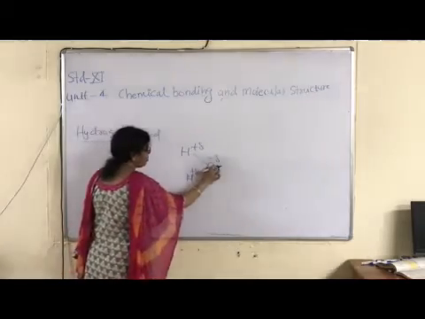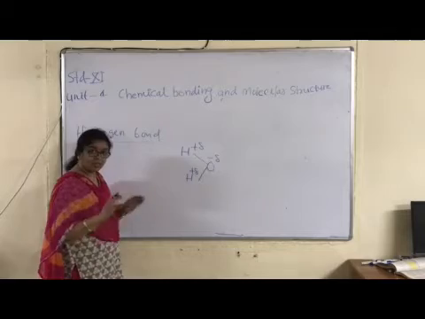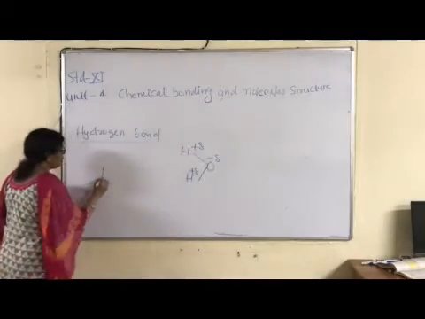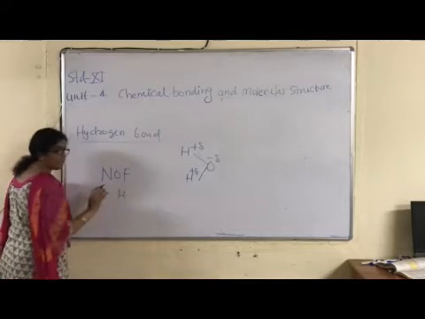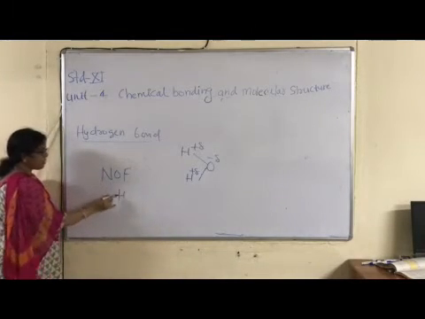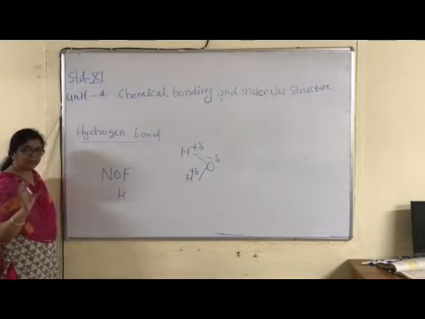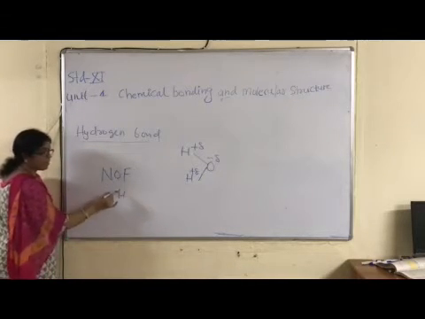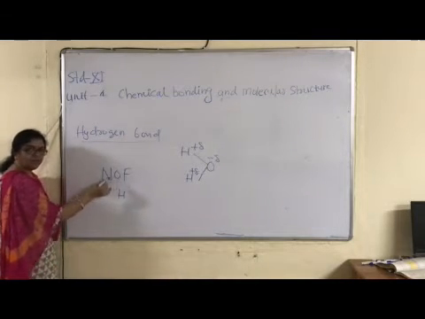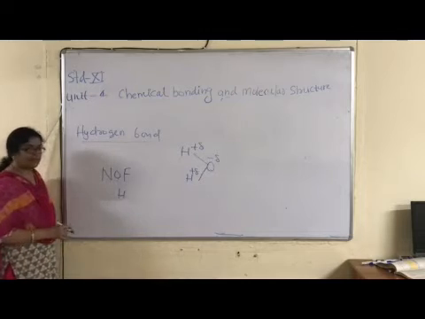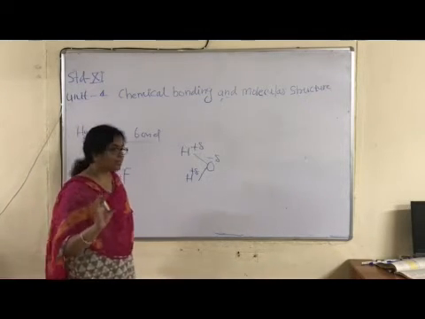Required means only NOF and H. Hydrogen bonding is possible between nitrogen and hydrogen, either within same molecule or between two molecules, O and H, F and H. Nitrogen, oxygen, fluorine, right? Because all are electronegative elements. For this formation, more electronegative elements are required.